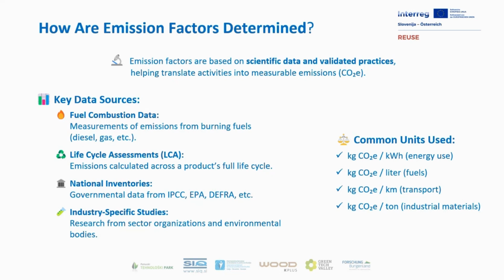These units also allow us to take everyday activities like using electricity, fueling a car, or manufacturing a product and translate them into climate impact using a single common metric. That's how we move on from raw data to meaningful carbon footprint results.